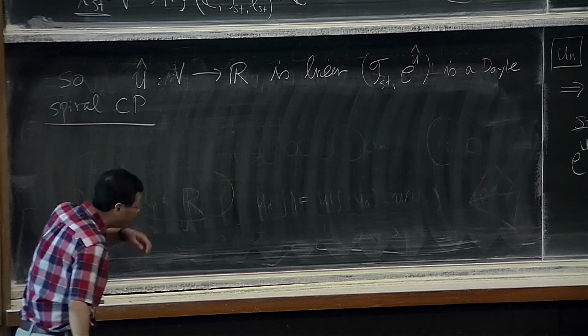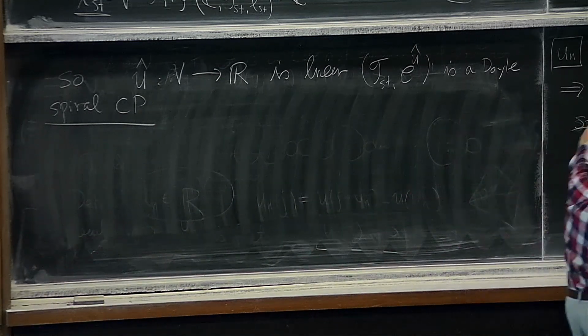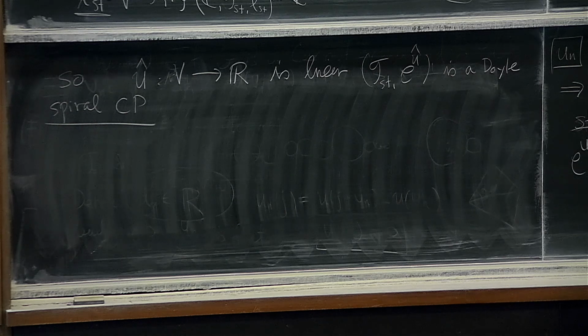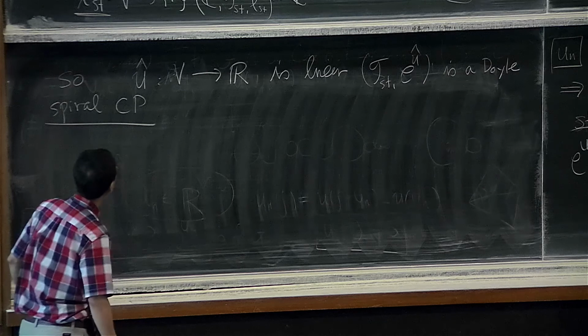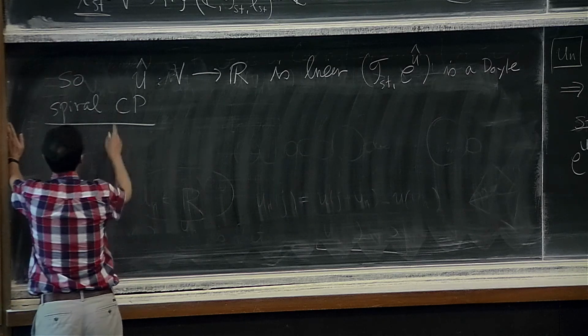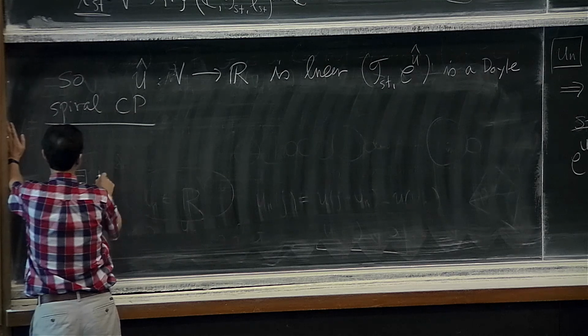Okay, now that's impossible. This is going to contradict the condition that the metric is isometric to an open set in the complex plane. So the point now is, the Doyle theorem will say you can find two circles.